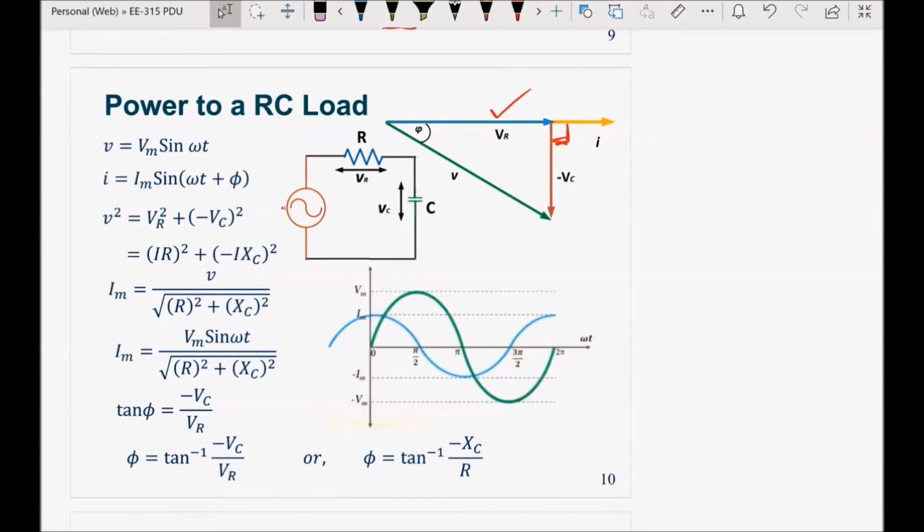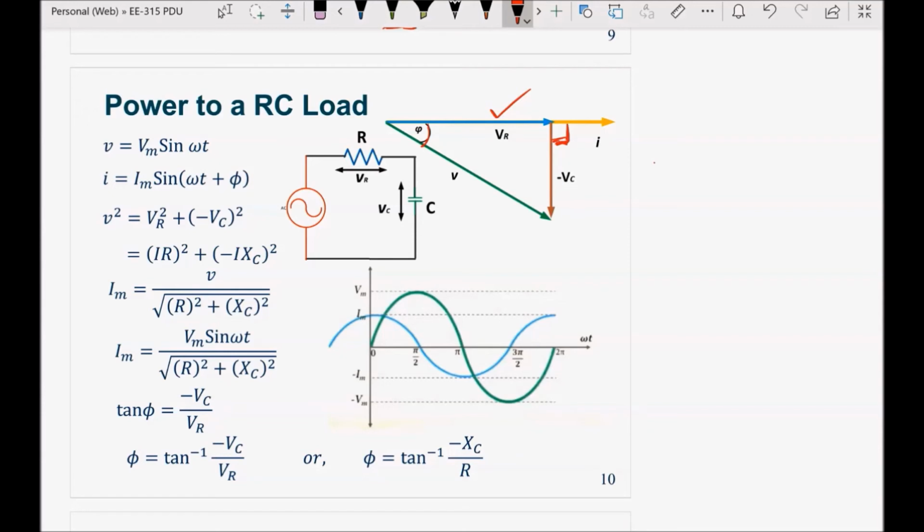Okay, now that shows the current at some specified angle with respect to the total voltage, which we considered in the case of an RL circuit. So there's an angle phi between the total voltage and the current.